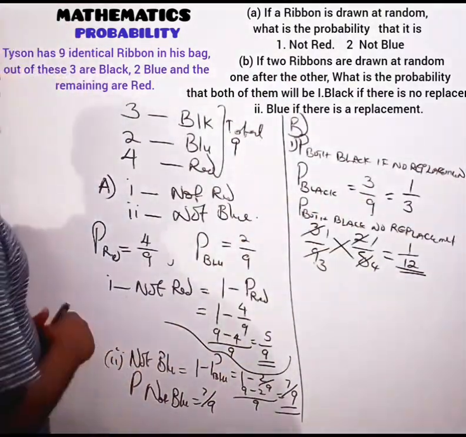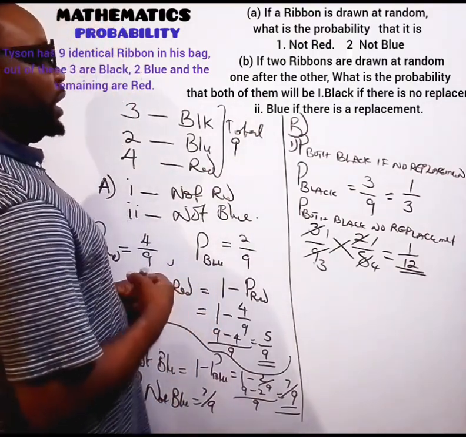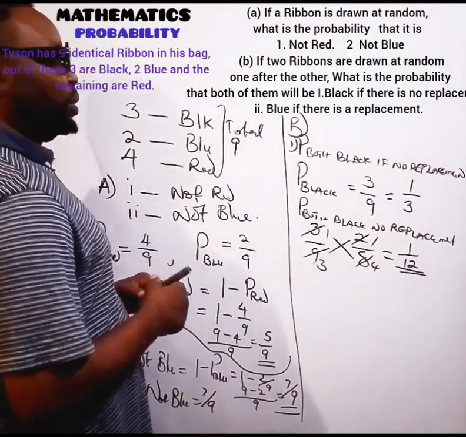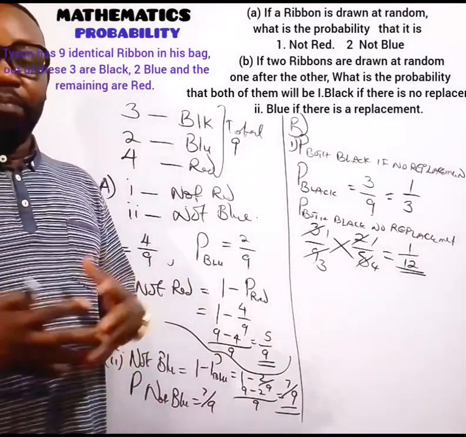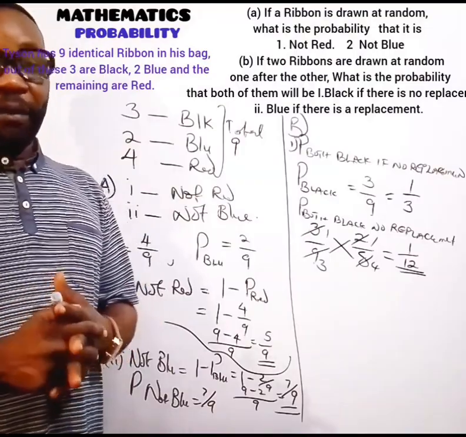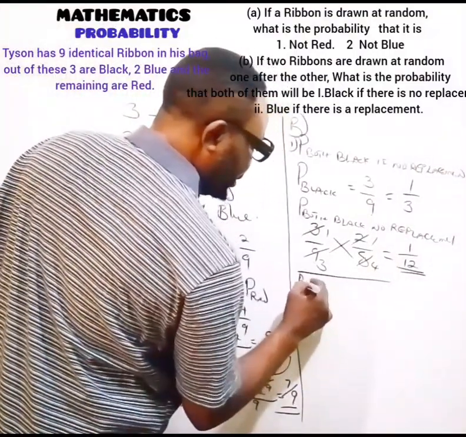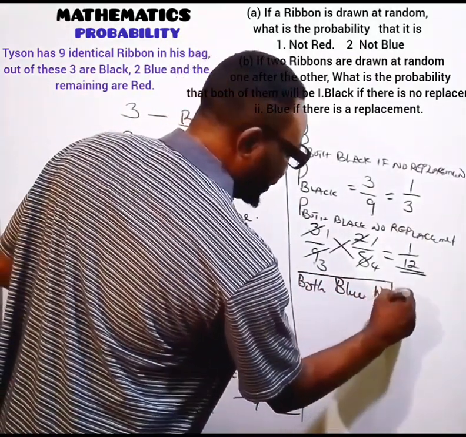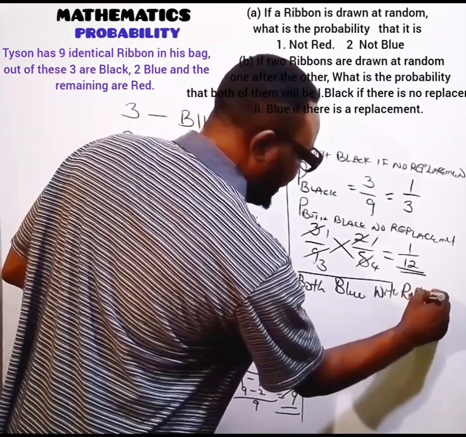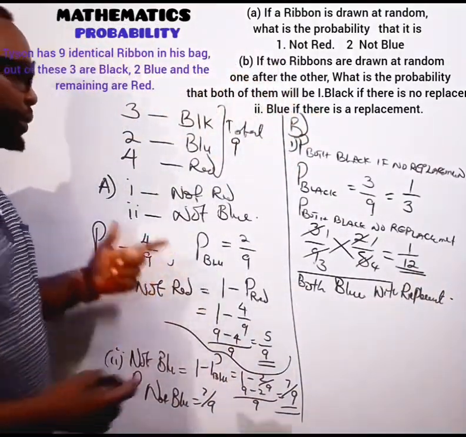Now, the second question raised says that both ribbons are blue, if there is a replacement. Both blue with a replacement. Now, what is the probability of picking a blue ball?